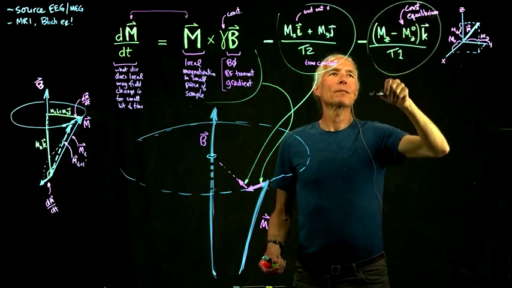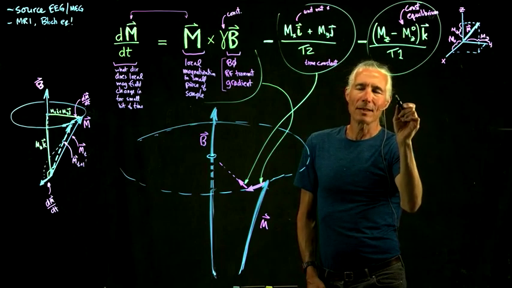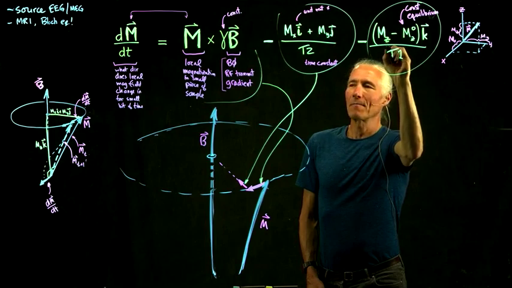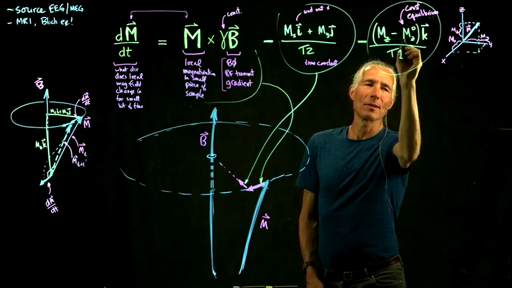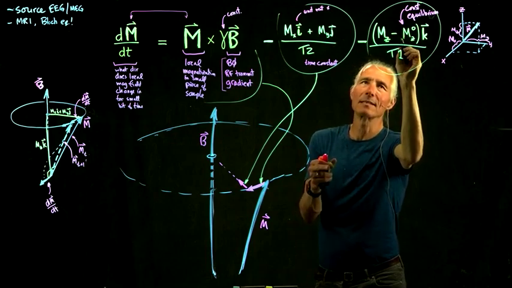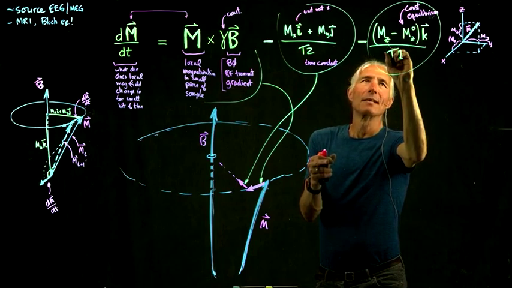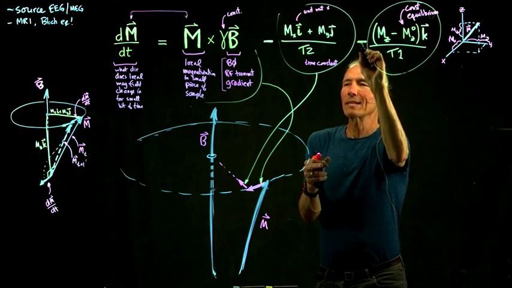So how does this one work? Well, this one's kind of a little backwards because mz0 is the maximum magnetization that you can get. And mz could basically just be smaller than that. And so this number is going to be a negative number because mz0 is like the maximum that you get up to after you've been in there for a couple seconds. And so mz at any point in time is going to be less than that. So that's a negative number. And then we make a negative of a negative, that makes a positive number.